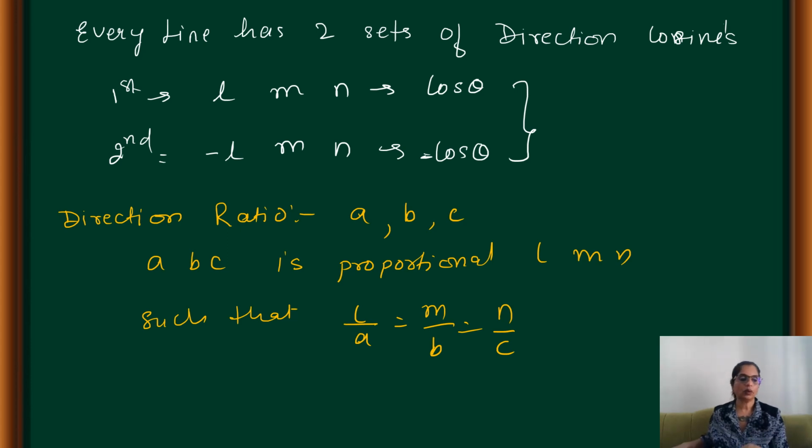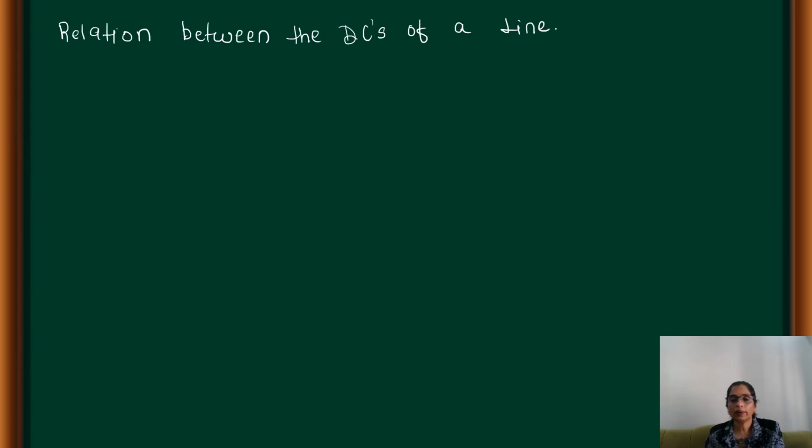Getting it? All right. Now let us understand what is the relation between the direction cosines of a line. Remember one thing, that now our line is same as a vector.